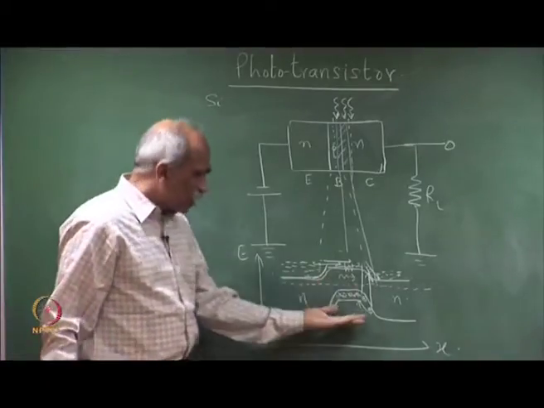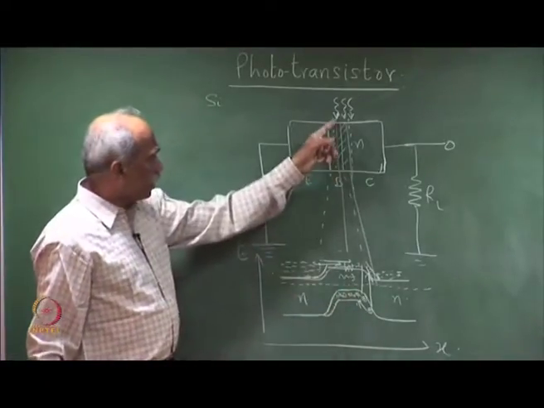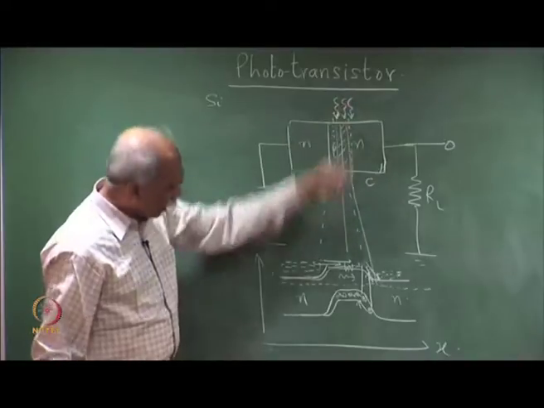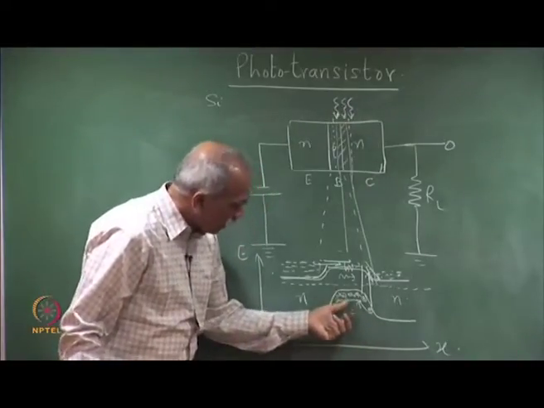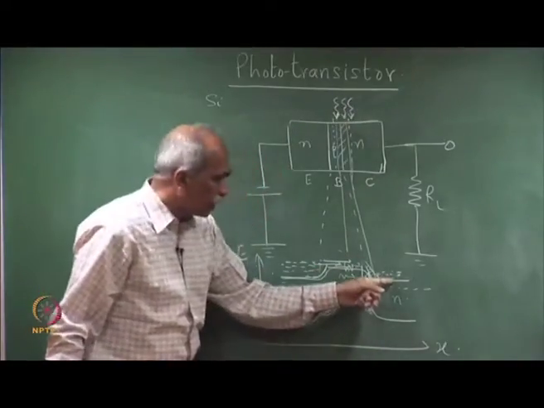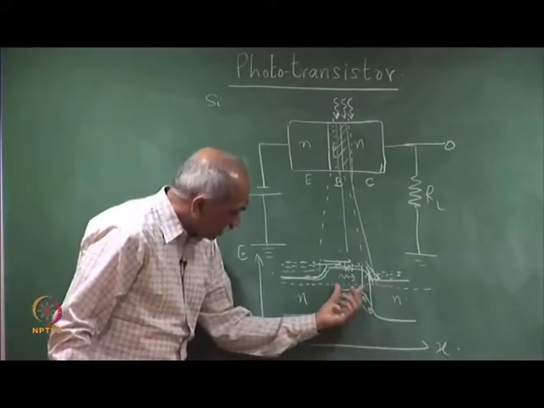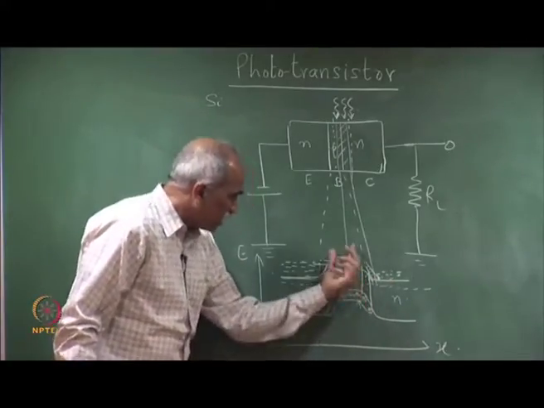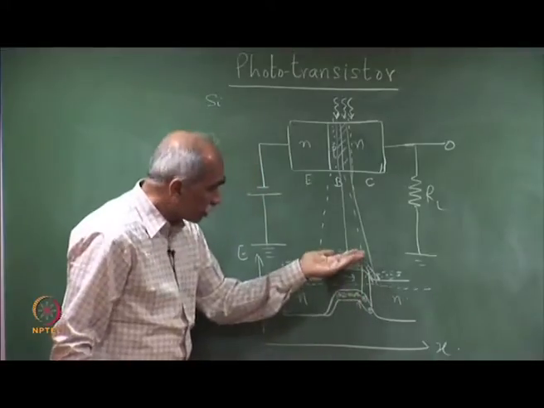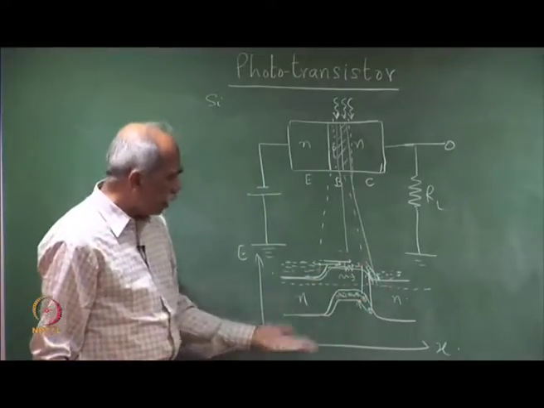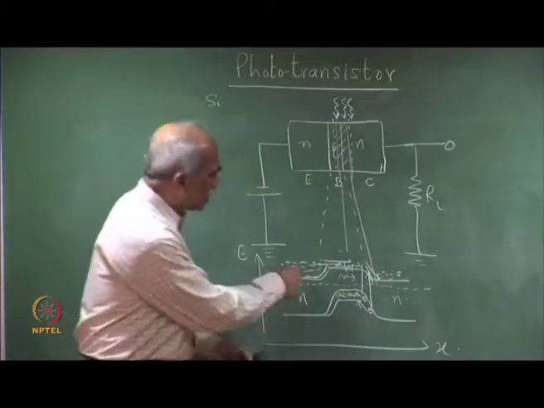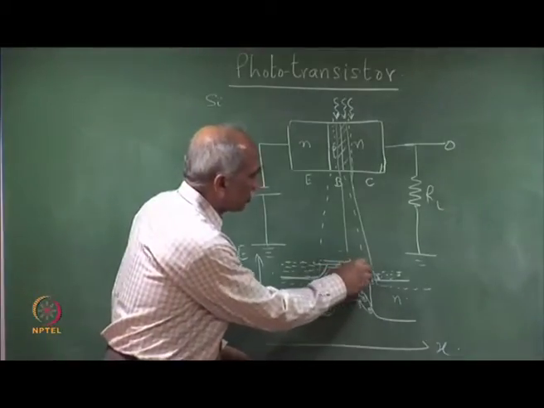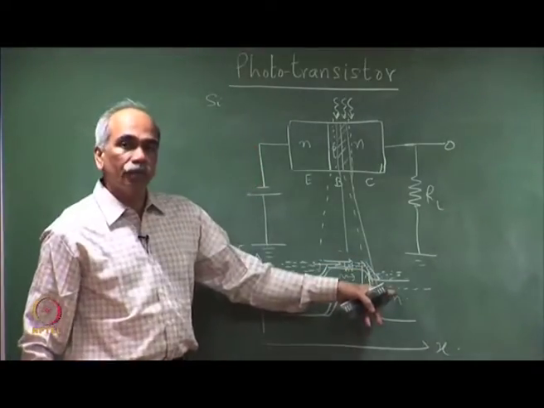It is the same action which is taking place here, when because of the incident photon flux holes are accumulating here and electrons moving here, and consequently this P region becomes more positive or the potential energy is lowered or the barrier is lowered, consequently a large number of electrons move from this side to this side.